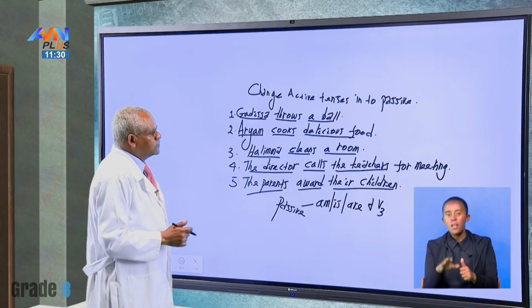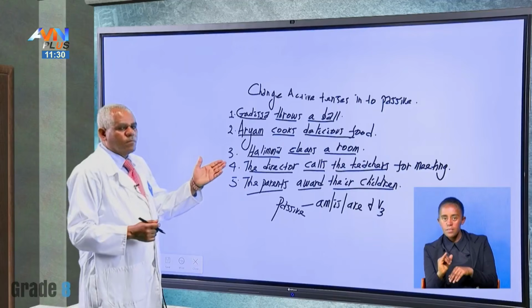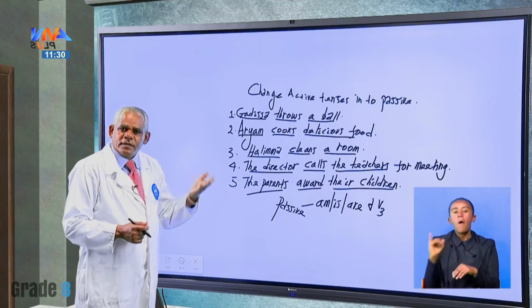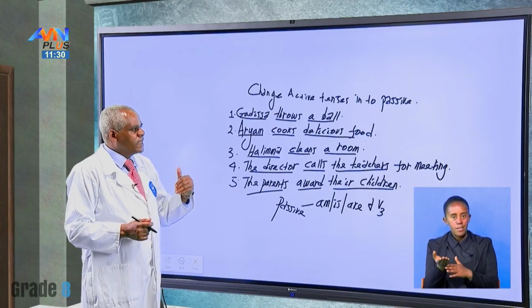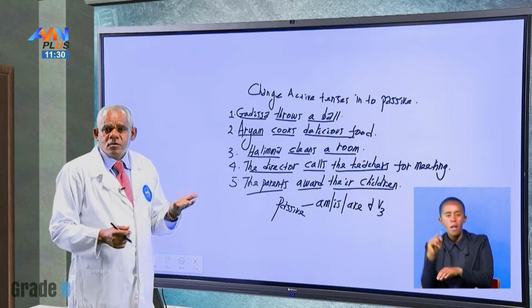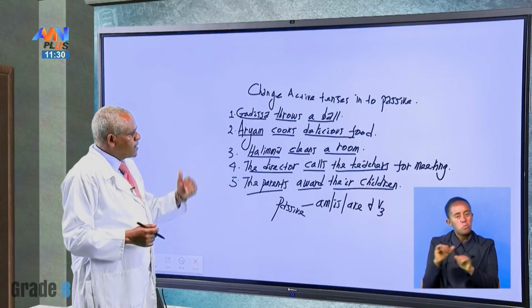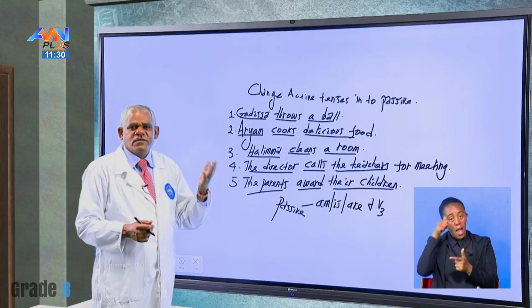A ball is thrown by whom? By Khadija. A ball is thrown by Khadija, or by him is also an acceptable answer. And then Aryam cooks delicious food.